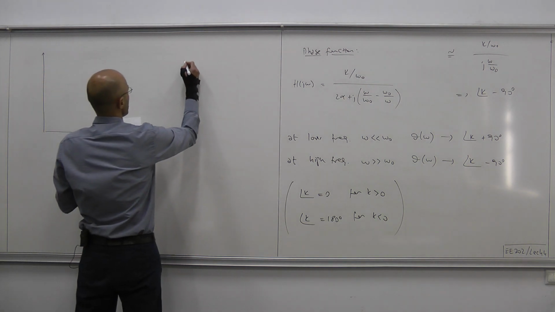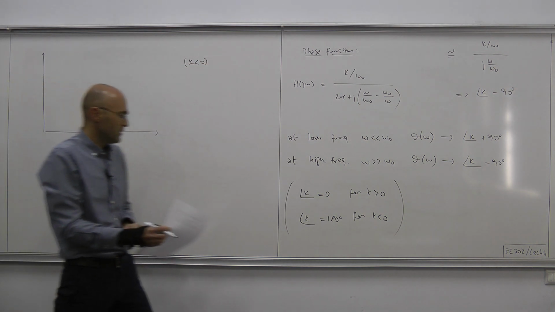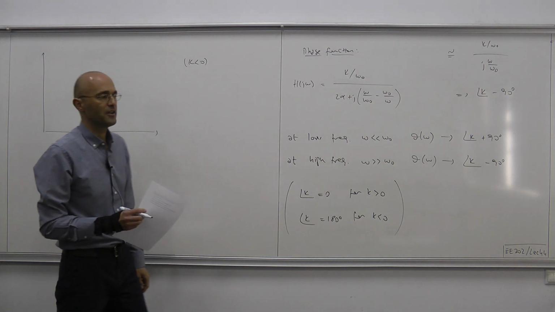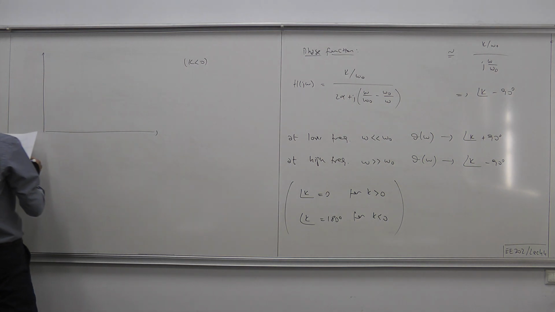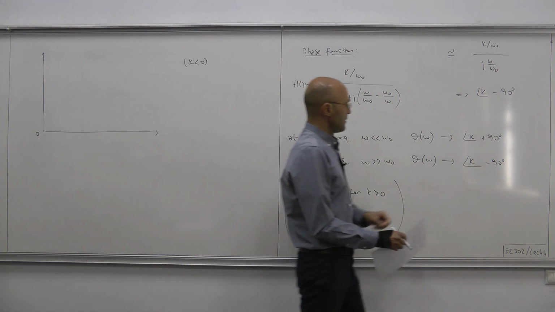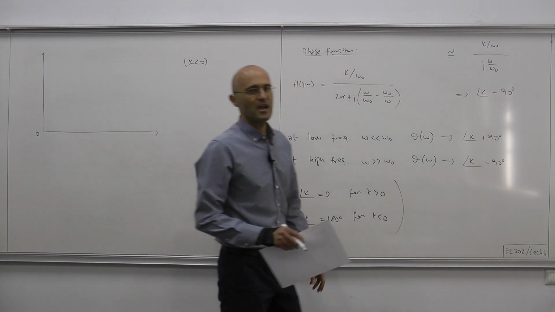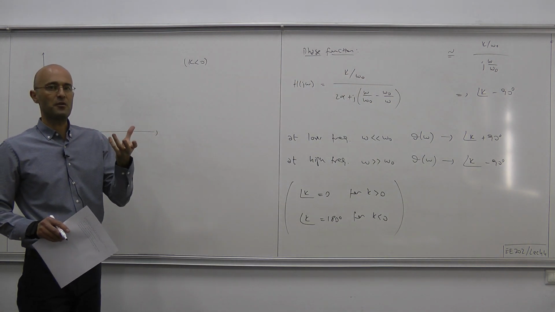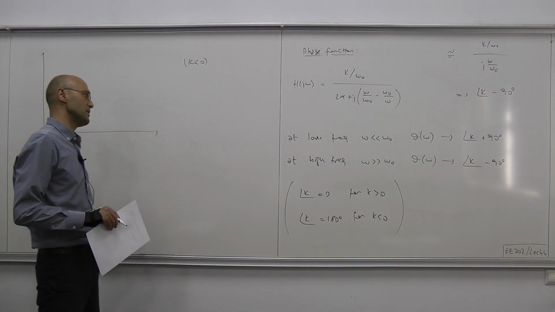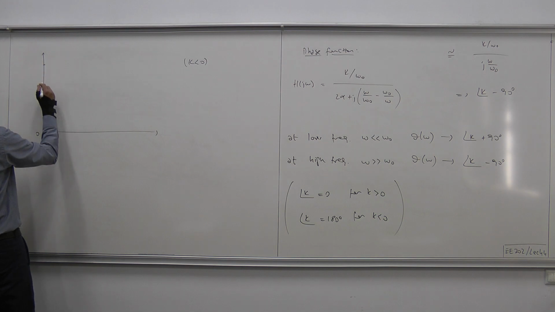Suppose that we're working with a negative k, so the phase of it is therefore 180 degrees. So at low frequencies, what we have is the phase of k, which is 180 degrees, plus 90 degrees. So that means 270 degrees. So we start around 270 degrees. Okay, let's say this is 270.